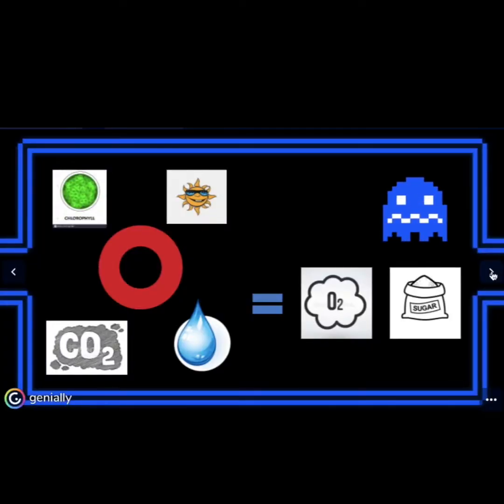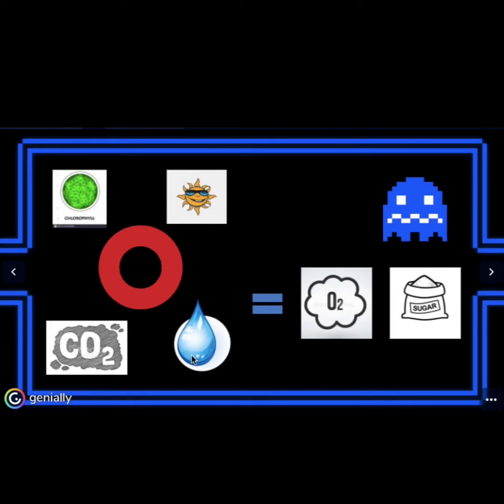Chlorophyll in the leaves traps the light energy from the sun. On the other side, carbon dioxide enters the leaves through the stomata. Remember that stomata is something like a mouth that allows gases to move in and out of the leaves. Water is absorbed by the roots and transported to the leaves.